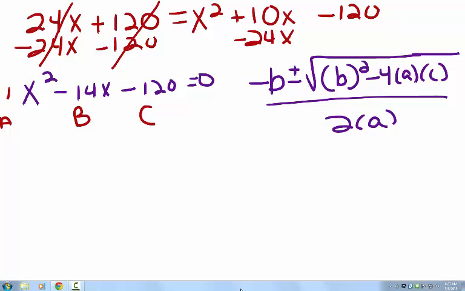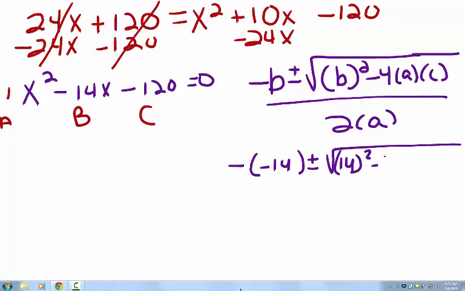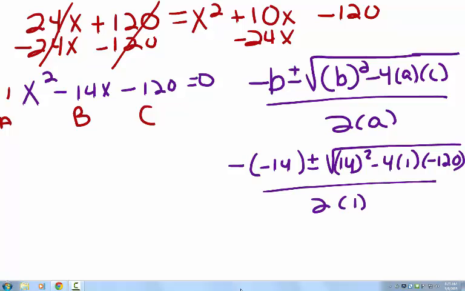Plugging these values into our formula, we get negative 14 plus or minus the square root of 14 squared minus 4 times 1 times negative 120 over 2 times 1.